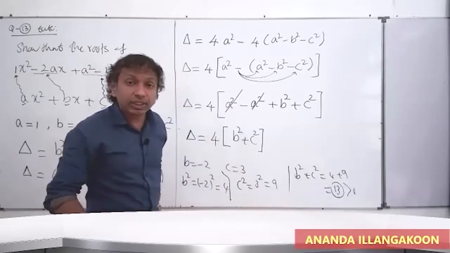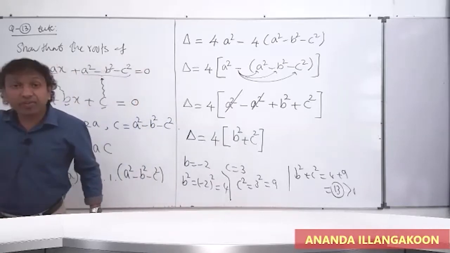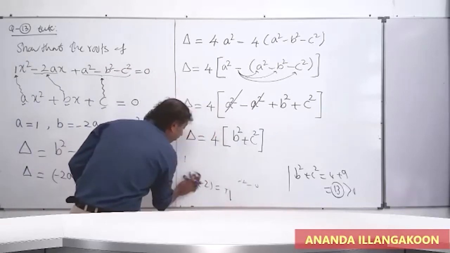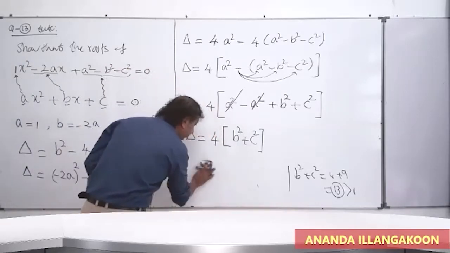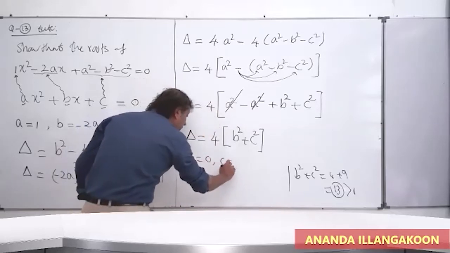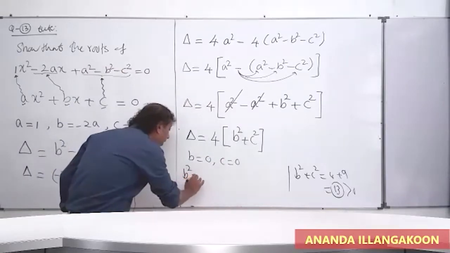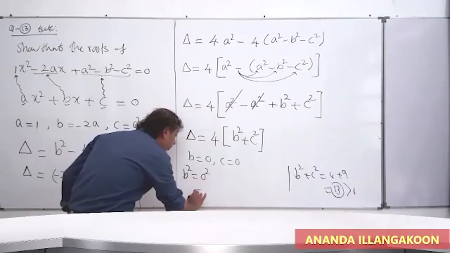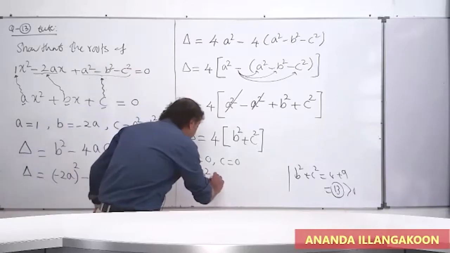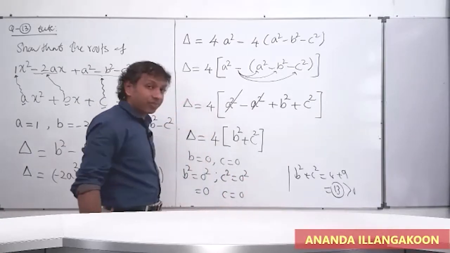But there is another case. What if both b and c become 0? Then what is b squared? 0 squared means 0 multiplied by 0, which is 0. c squared, 0 squared, is also 0.